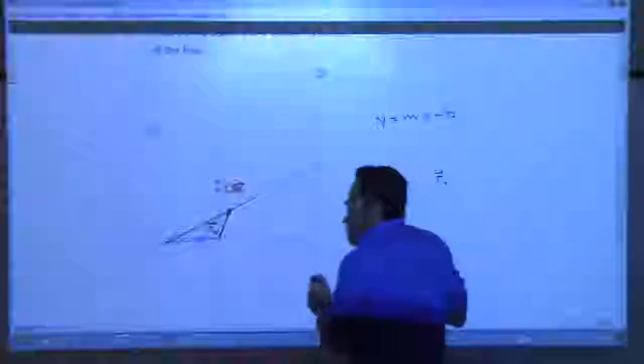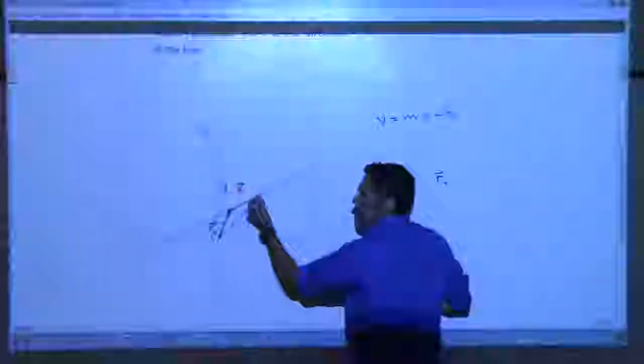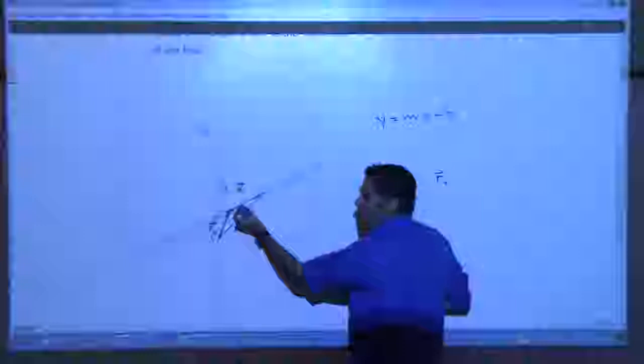And then what we need to do is find another vector, which is parallel to the line. And remember, that red vector could be over here, right? Vectors can move around. So it could be over here, yes?